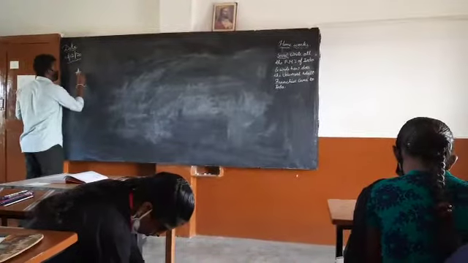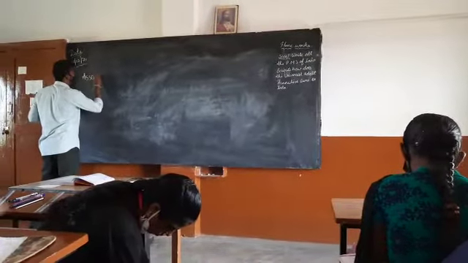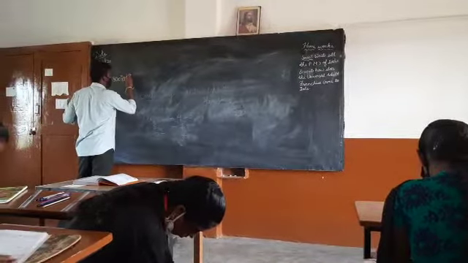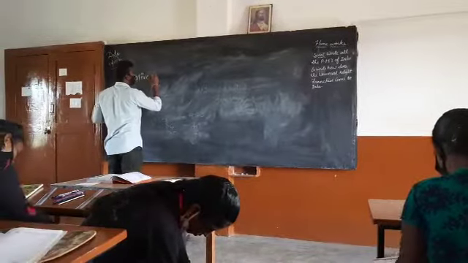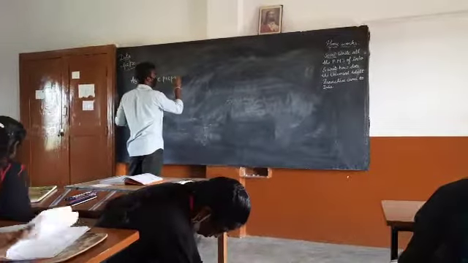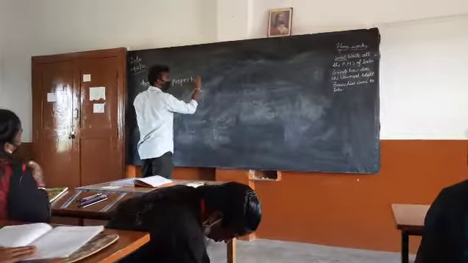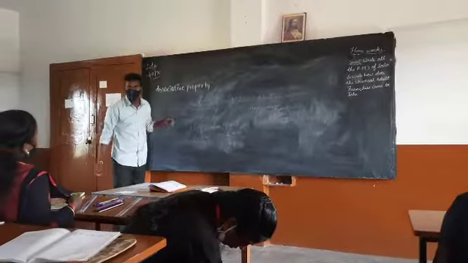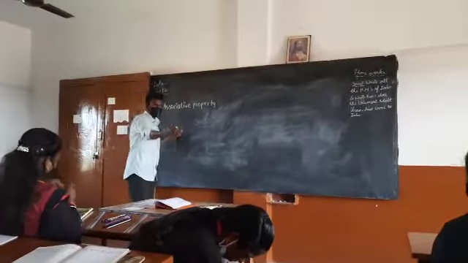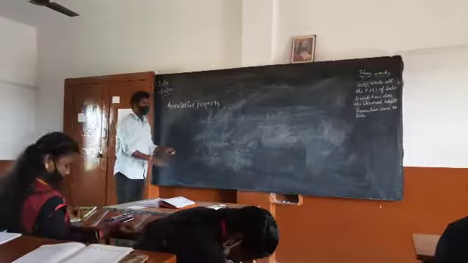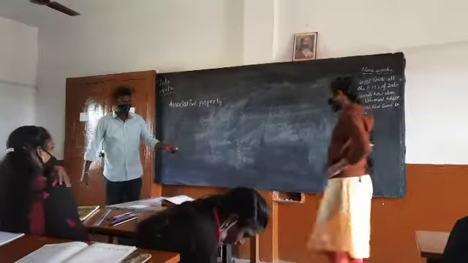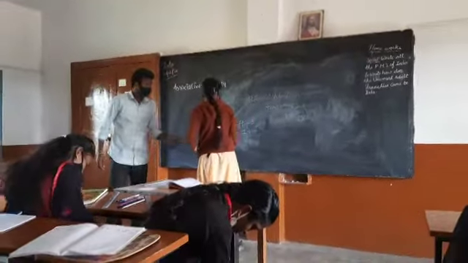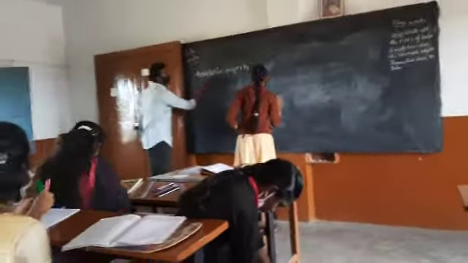So basically, can anyone give me the generalized formula of the associative property? Generalized formula. Yes, you. Thank you. Please welcome.